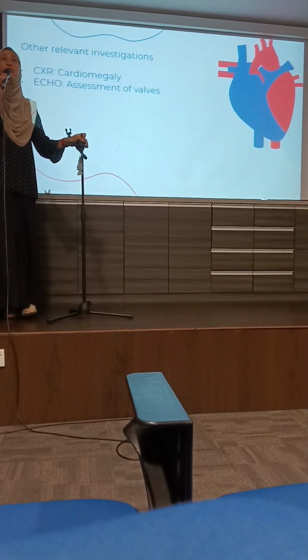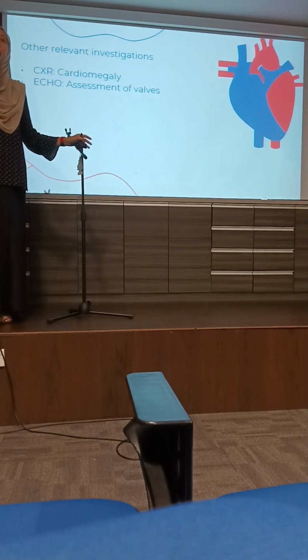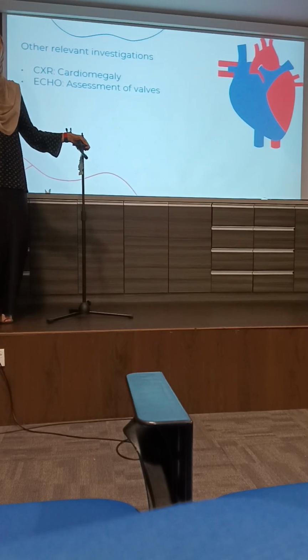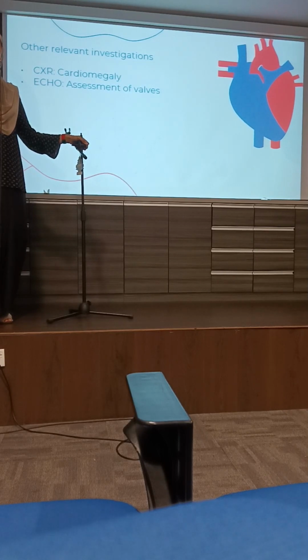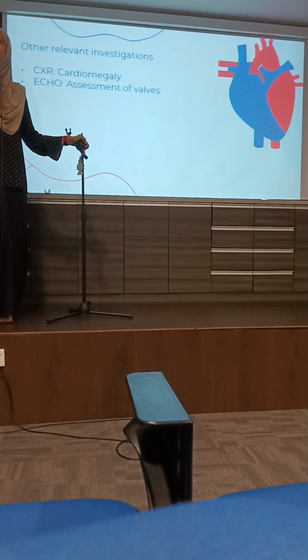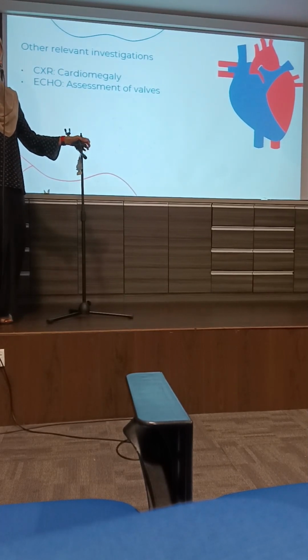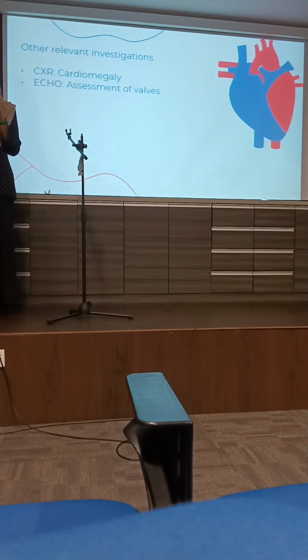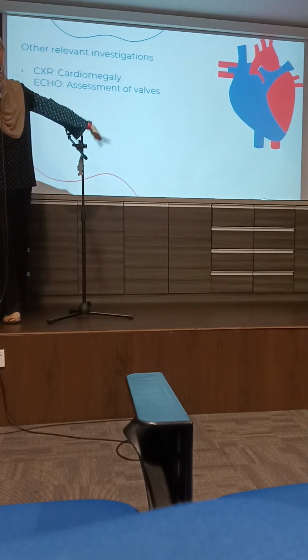And of course, like I said, if your endocardium is inflamed, it will cause valvular problems, so you will do an echo, because echo basically assesses blood flow. You will be able to tell if there is stenosis or regurgitation. So you do an echo to assess heart function. They aren't part of the Jones criteria, but we do it to assess the severity of the patient's condition. Okay, so that's acute rheumatic fever.